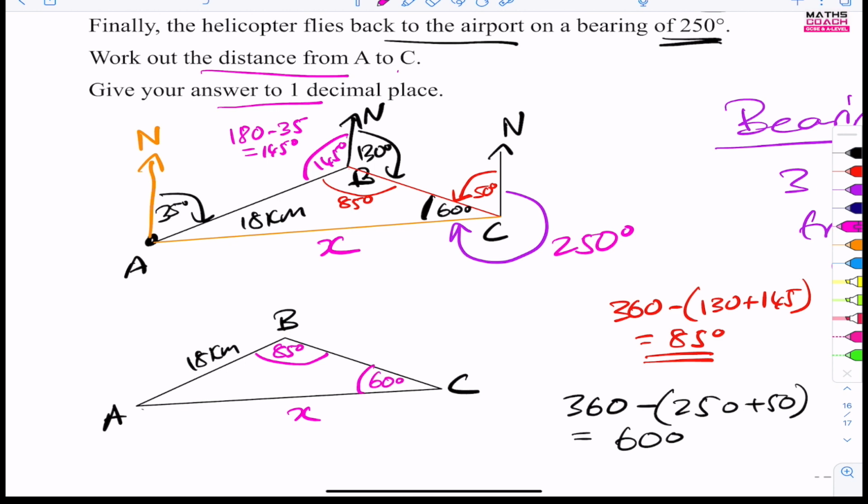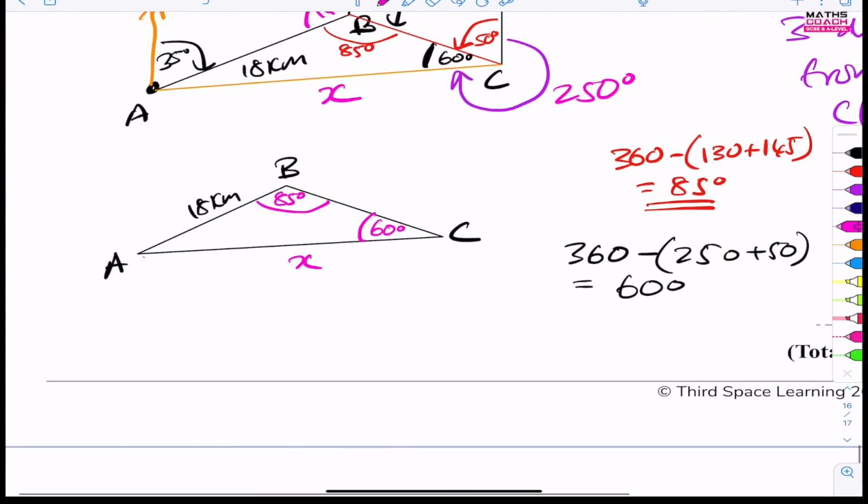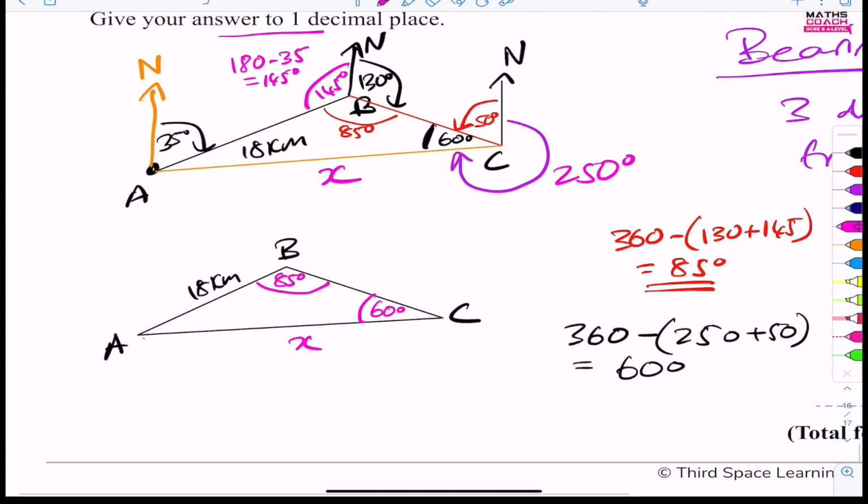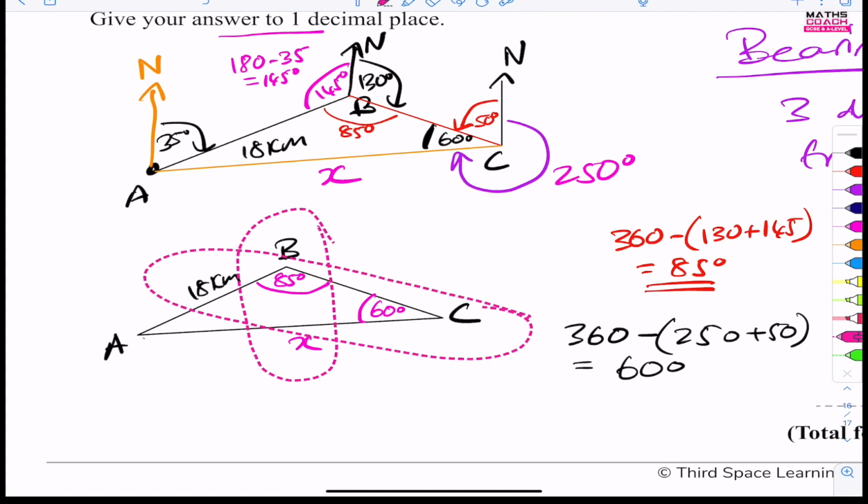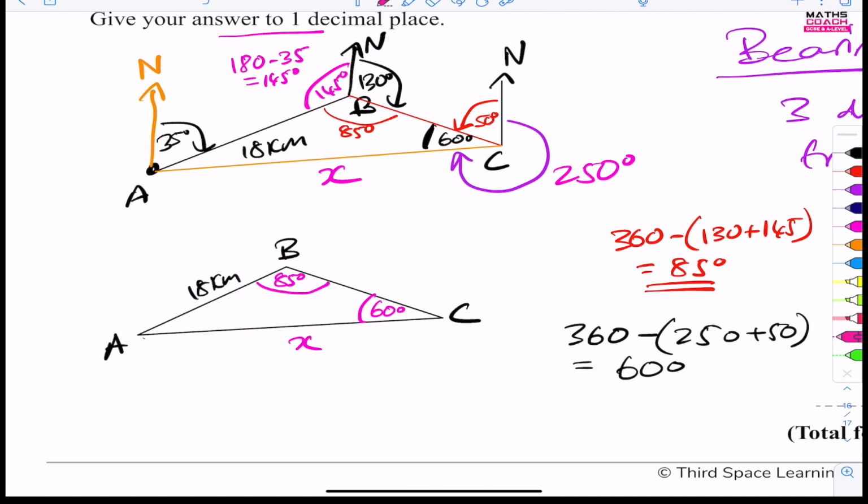Now, why did we do all this? How does this help us? Well, now I can use the sine rule to find the side x. I have two pairs of opposite angles and sides, so I can use the sine rule. I'm finding x, so it's x over sine 85 is equal to 18 over sine 60.